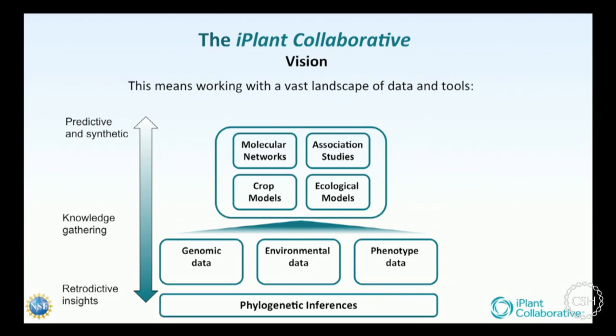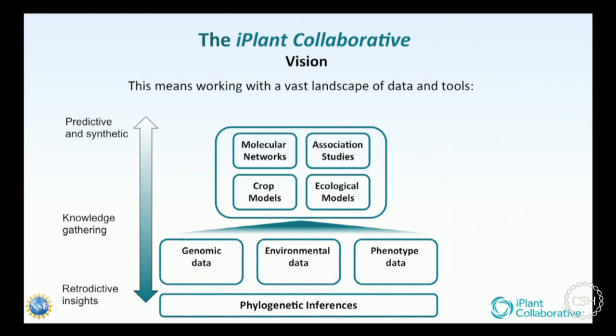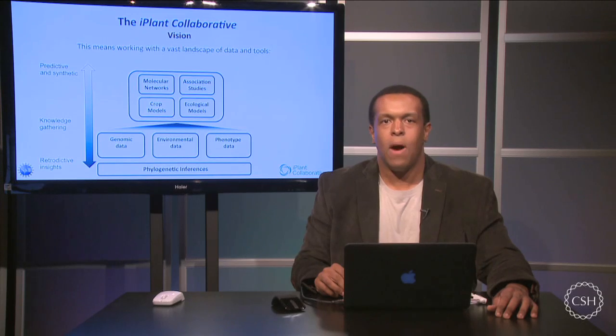There are environmental data sets that we want, as biologists, to have access to. Phenotype, obviously, and not just simple phenotypes, but perhaps high-throughput phenotyping. All of these data sets are going to be important to us. And then putting those in the context of a phylogenetic background, understanding the relationships on that level of how genomes and organisms are in fact related, is going to enable us to better predict and understand molecular networks, crop modeling, association studies, ecological models.